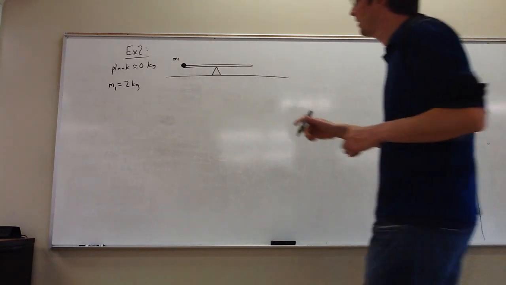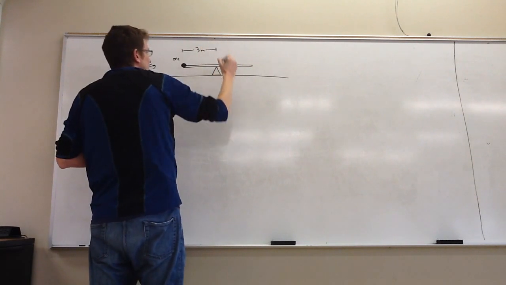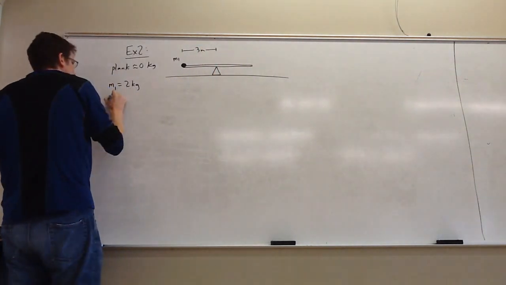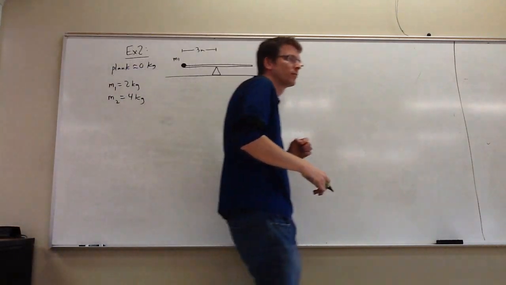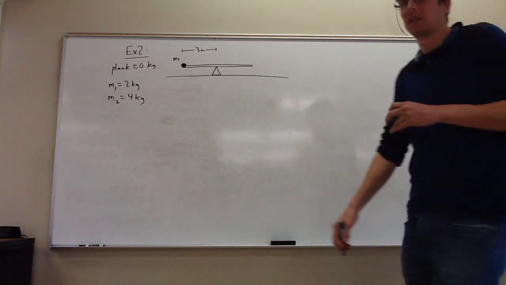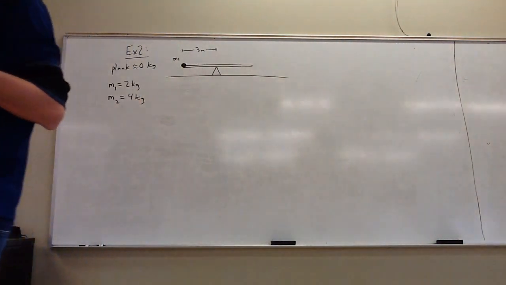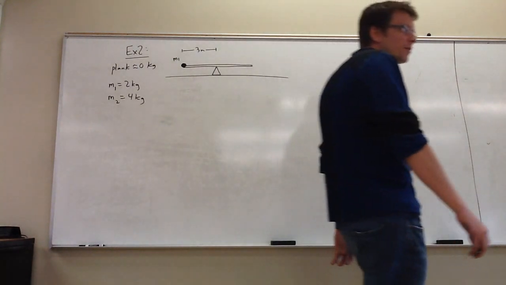Let me say that that person sits 3 meters from the pivot, and they want a seesaw with another person who's 4 kilograms. And again, that's not a mass for a person, but it's nice to talk in tangible terms. Now, when you're trying to seesaw with someone, you obviously want to balance out.